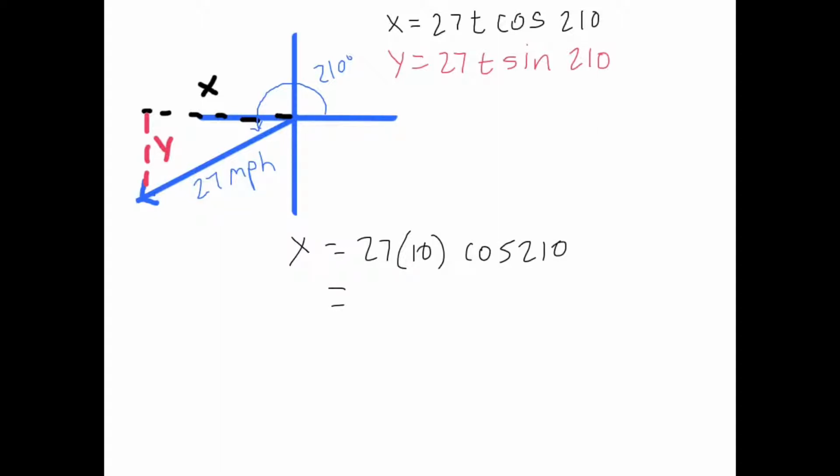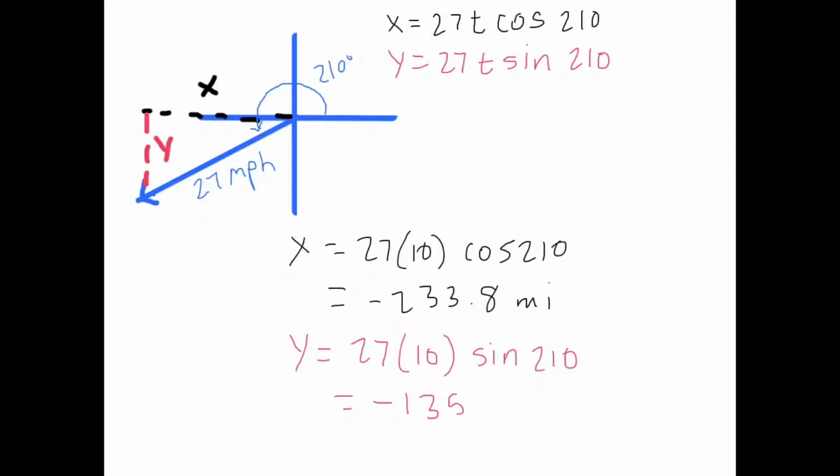So x equals negative 233.8 miles, and that's out into the sea. The y-coordinate is 27 times 10 times the sine of 210 degrees, which is roughly negative 135 miles.